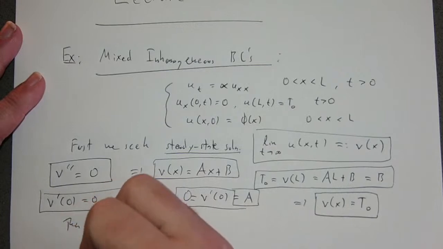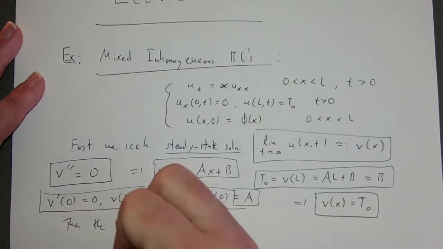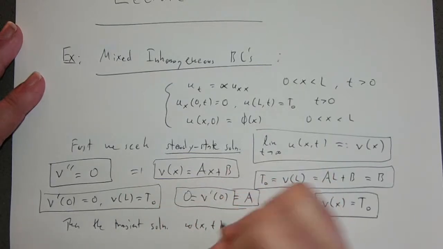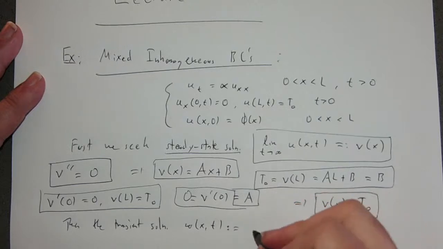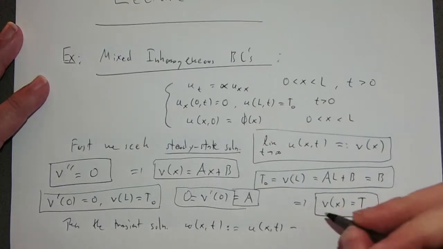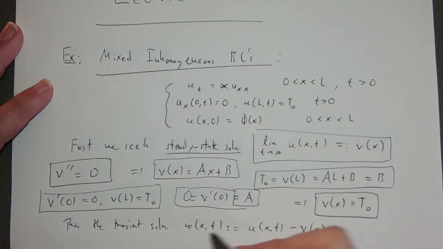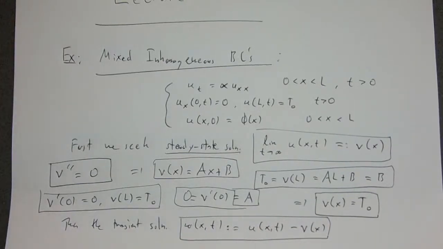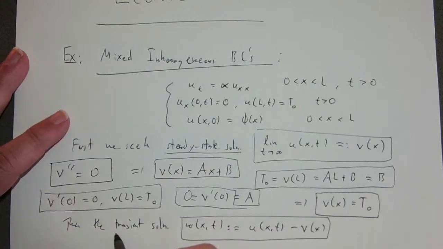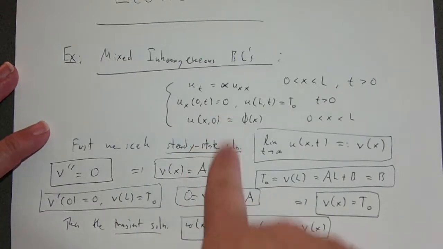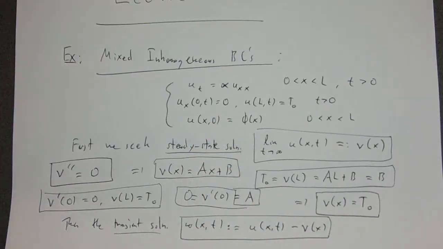Then the transient solution, we'll call it w of x, t, is defined to be the solution u of x, t to the above problem with the steady state solution subtracted off. This was the idea. So why is this the transient solution? Why is this the part of the solution that moves? Because you have taken the solution itself and subtracted off the part of it that is steady.